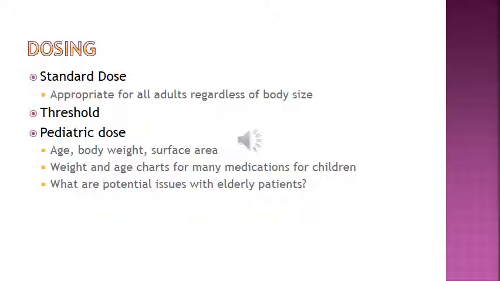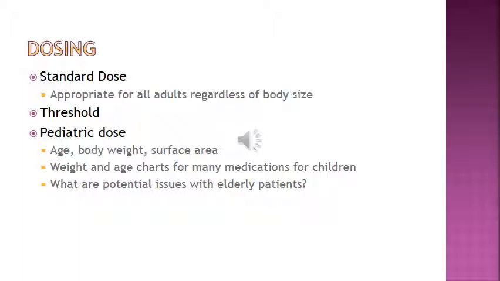For many medications, there are actually weight and age charts that younger children will utilize. Take, for instance, ibuprofen, a common drug that a lot of people use. Children won't use the standard dose for ibuprofen that you see with adults. There will be height and weight charts that dictate dosing for younger children.